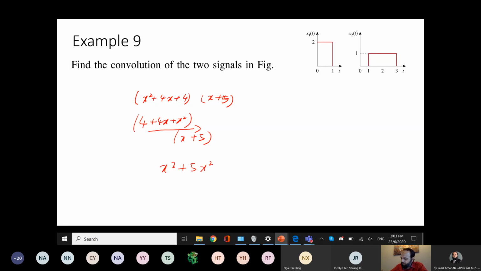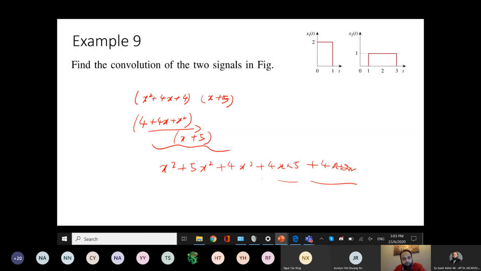Then we move forward. Now this is already moved forward. Then we move further forward. 4x comes here, 4x squared. Then move forward, 4x times 5. And then 4 comes here is 4x and plus 20 and so on.